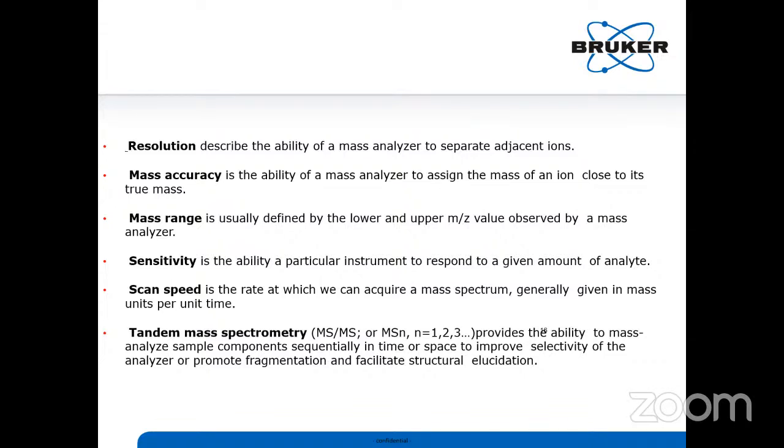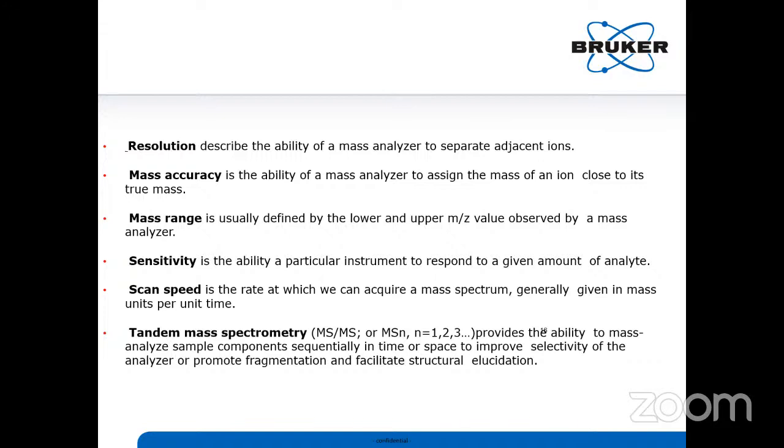So your instrument should be able to identify your major molecule, which is 99.9%. At the same time, it should not miss any impurities which are present at 0.002%, 3% like that also. That much sensitivity your instrument should have.